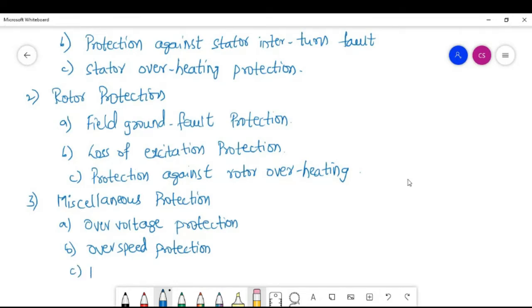Protection against vibration. Not only these three, there are a number of miscellaneous protections: protection against motoring, protection against vibration, overspeed protection, over voltage protection. So we'll discuss up to this point.